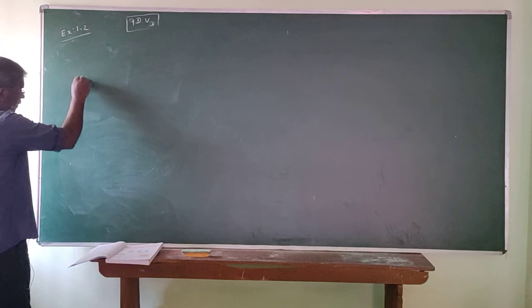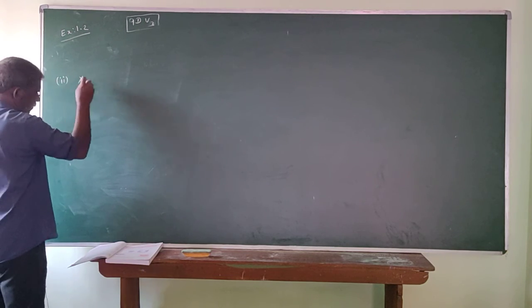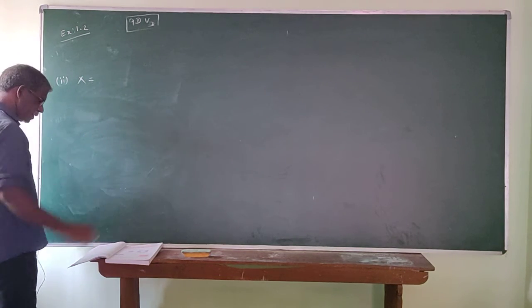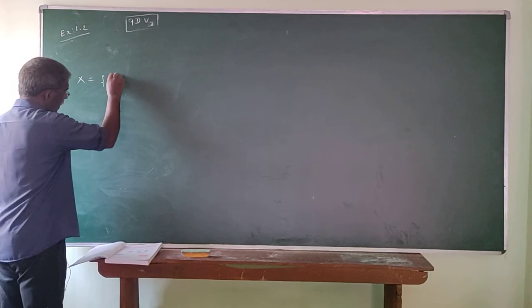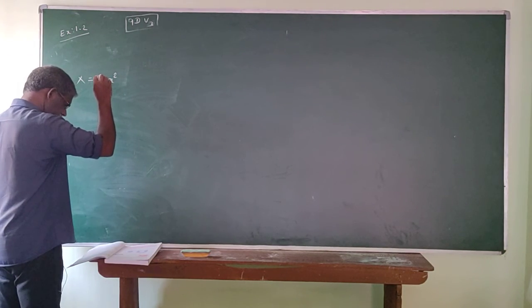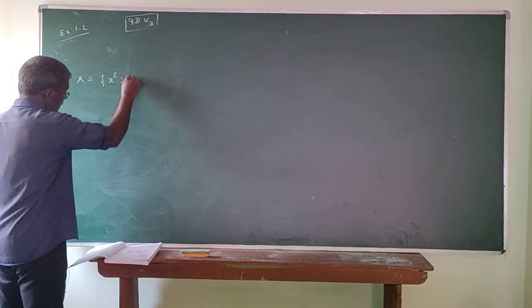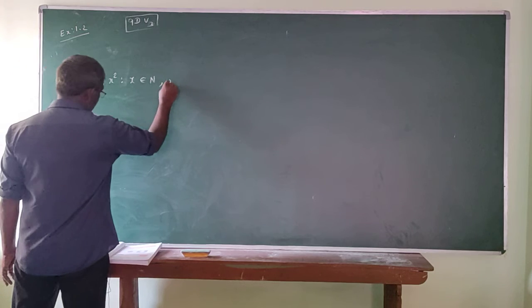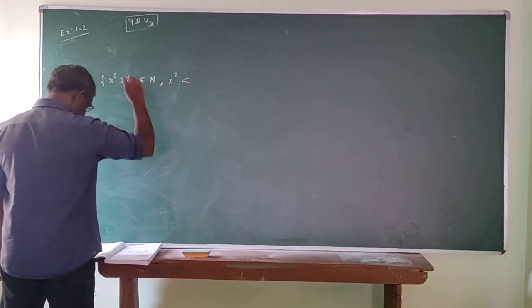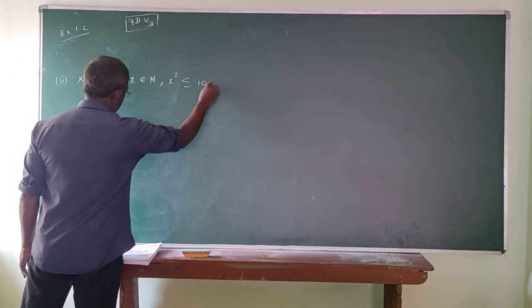x is equal to x square such that x is an element of N, x square less than or equal to 100.